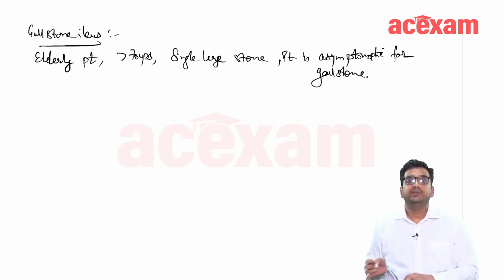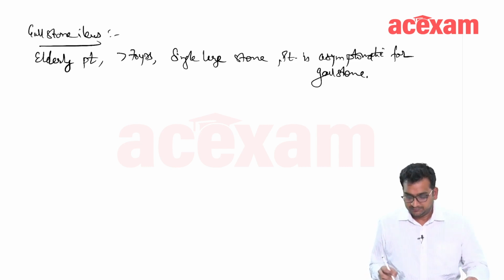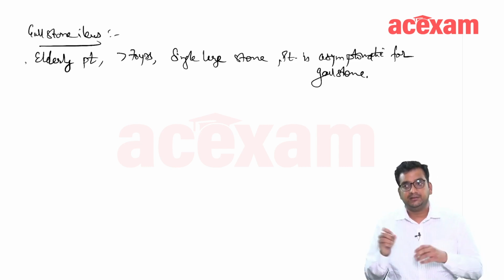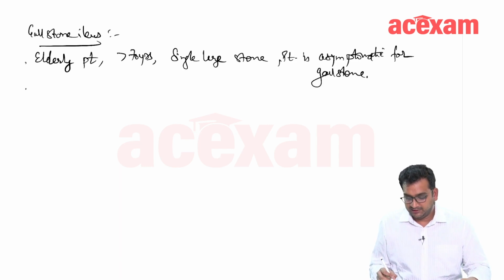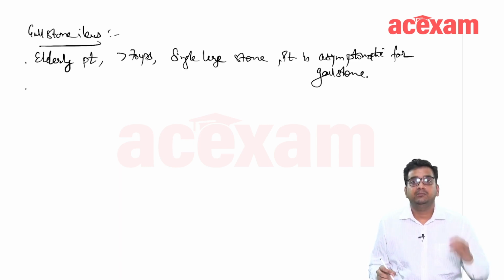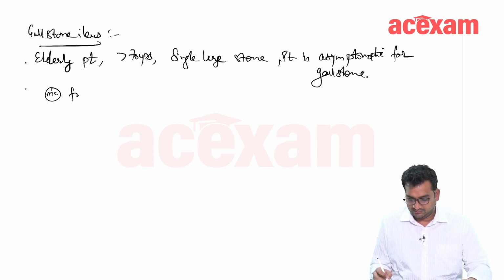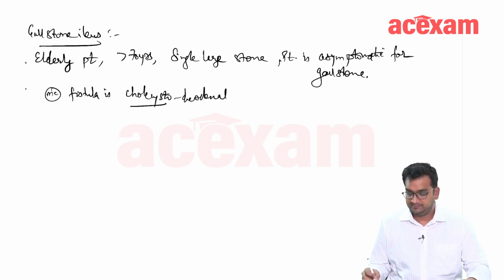Now what happens is, due to a large stone, gradually there is a development of a fistula between the gallbladder and some portion of the intestine. The most common fistula is cholecystoduodenal, between the gallbladder and the duodenum, which causes gallstone ileus.